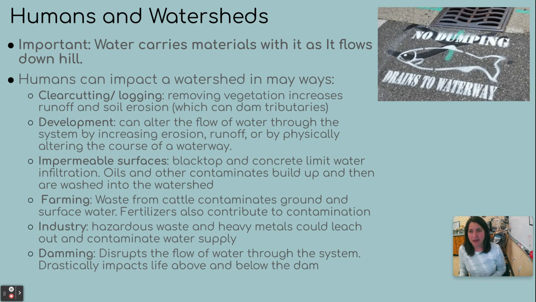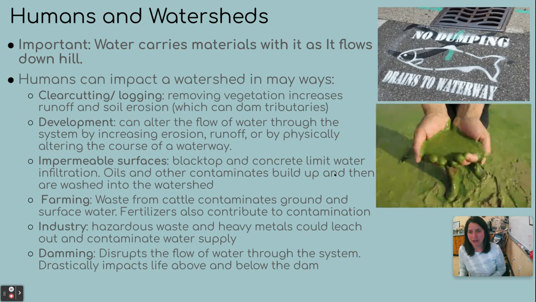This is why it's important not to let chemicals drain into storm drains and things like that, because a lot of those storm drains end up going straight into a watershed. This picture here is algae, which is what happens when there's a lot of nutrient runoff from fertilizers that causes algae to grow really fast.